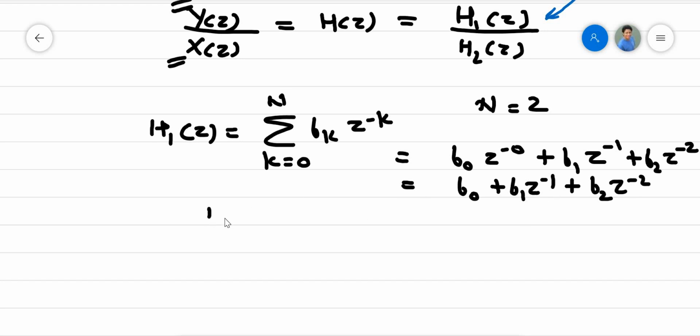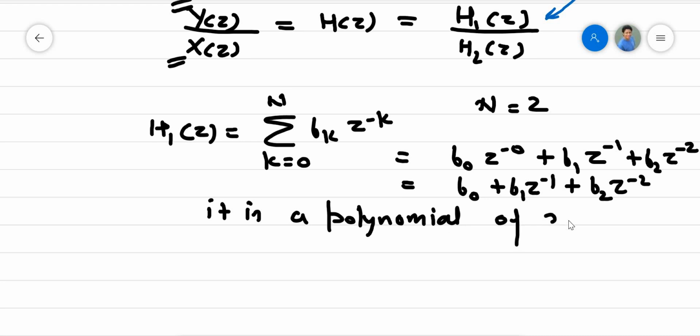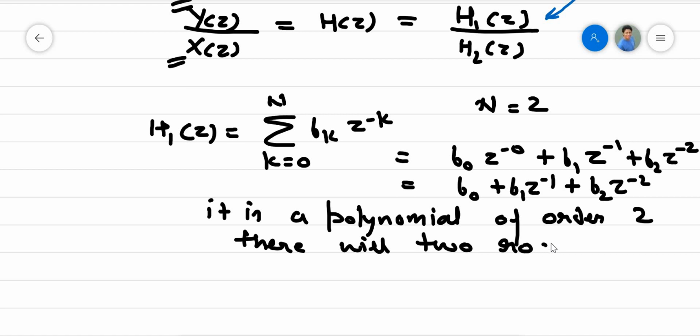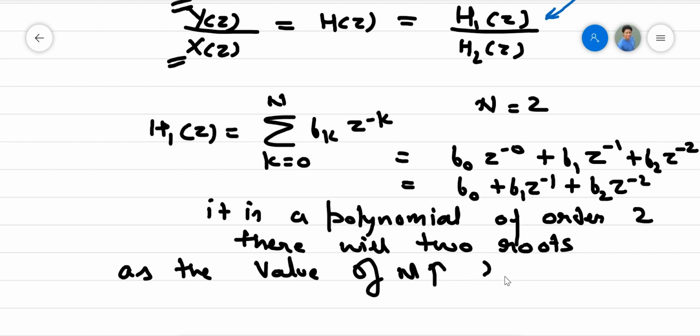That is, it is a polynomial of order 2. So by using basic algebra, we know there will be two roots for this particular case. So as the value of N increases, roots will also increase.